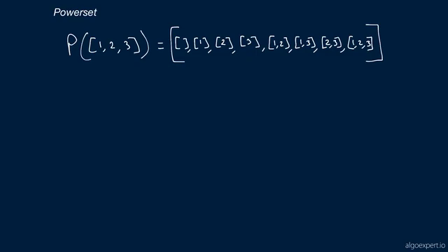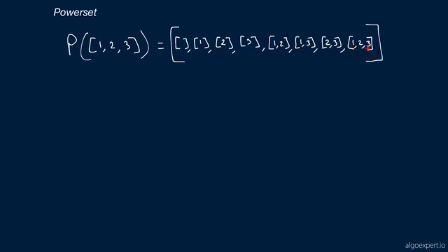The power set is something in math, and it's defined as the set of all subsets of another set. So in this example, we've got the array 1, 2, 3, and the power set of this set of numbers is going to be this here.